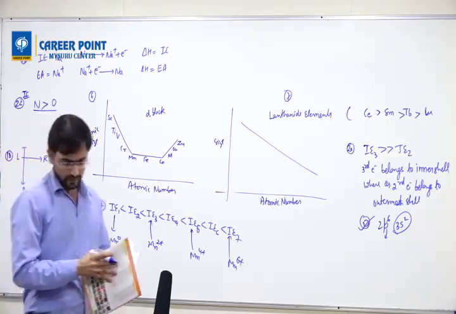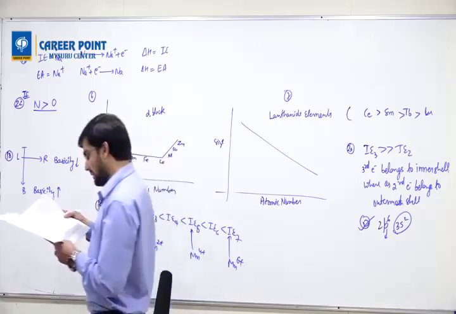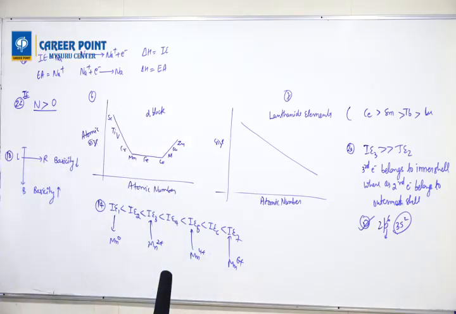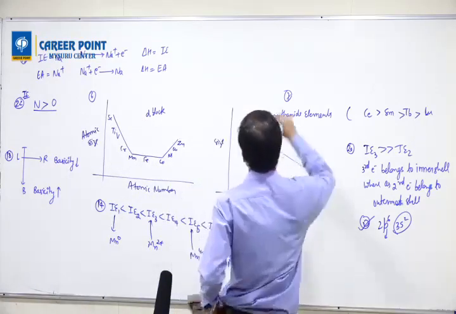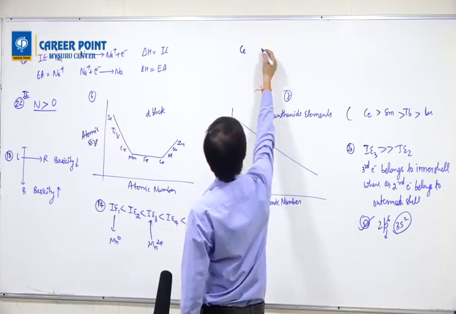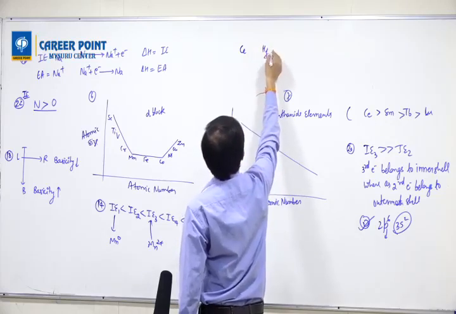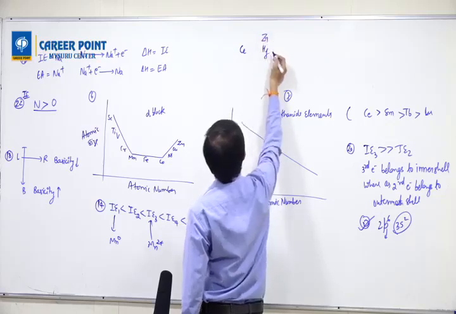54. The lanthanide contraction is responsible for the fact that zirconium and hafnium have the same size. So if you remember, I wrote cerium here, then we wrote hafnium there. Here there was zirconium, and La was there.